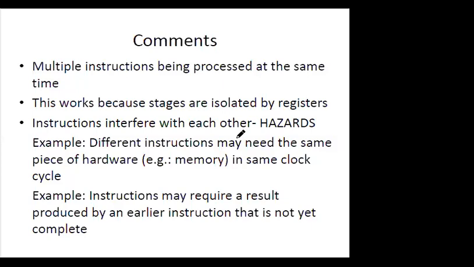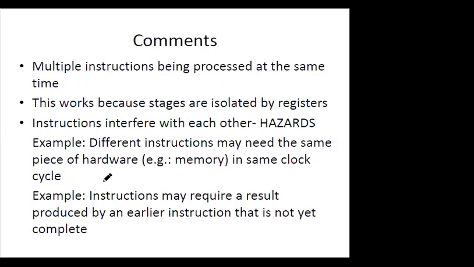Instructions interfere with each other. Yes, definitely instructions interfere with each other. Interference means that we have some constraints on every instruction to operate. What are the constraints? An example is that different instructions may need the same piece of hardware in the same clock cycle. This particular kind of hazard is called a structural hazard, because it depends upon the hardware.